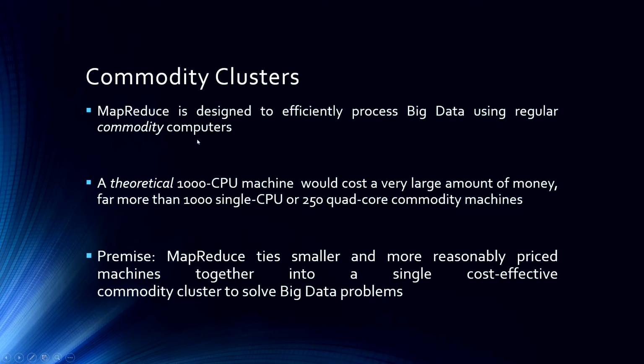Now, commodity clusters. MapReduce is designed to efficiently process big data using regular commodity computers. Supposing I am an industrial company, I cannot afford supercomputers or a massive giant computing system. I can afford to get some regular commodity computers, and I can scale them to hundreds of thousands even.